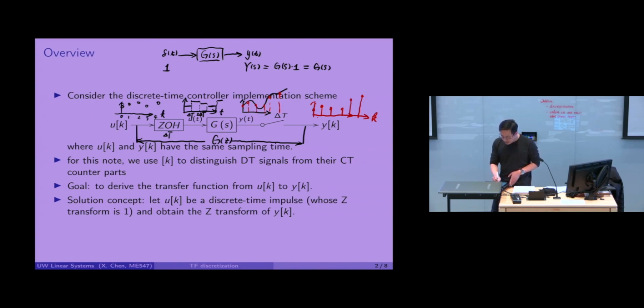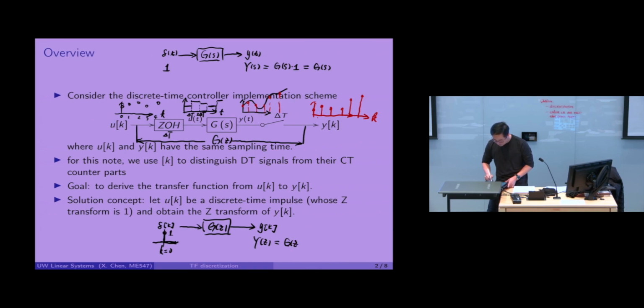For discrete time system, it's the same thing. We apply an impulse, which looks like this. It has value just at time k equal to 0. Magnitude is 1. Then we can obtain the z transform of the output, which will equal g of z.